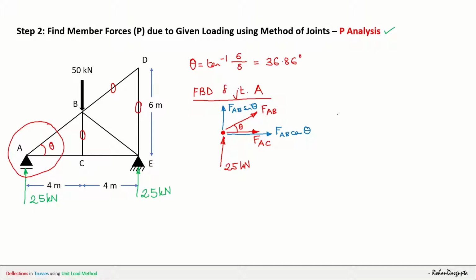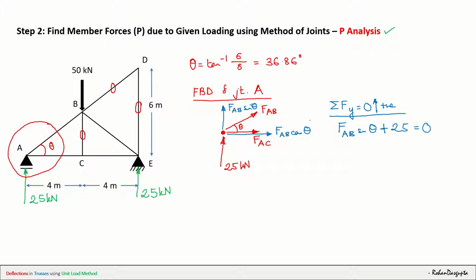Okay, so now let us start by using the equation of equilibrium, summation of Fy equals 0, and let us take the upward direction as positive. So what we will have here is FAB sin theta plus 25 equals 0.